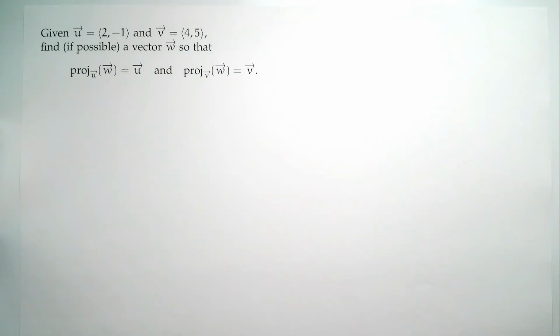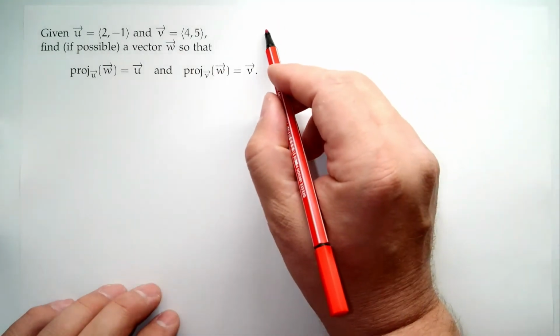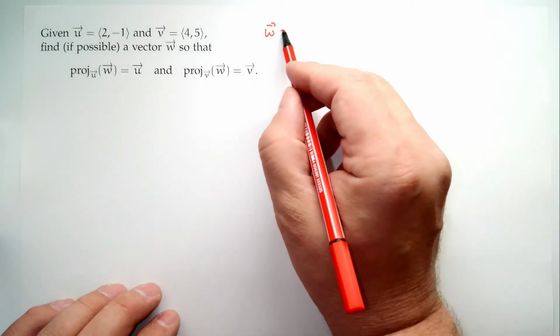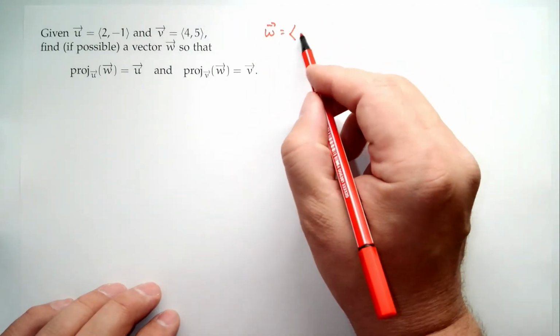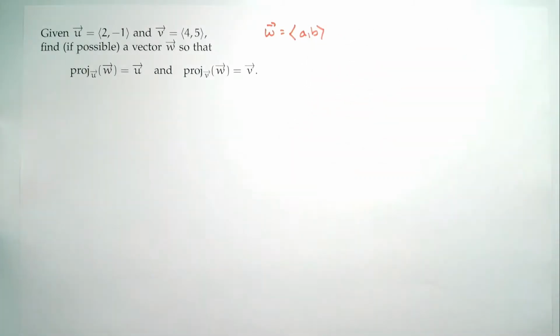Well, we're looking for a new vector w. So w is going to be two-dimensional. I don't know what it is yet, but I could write whatever the answer is as two entries, a, b. What needs to be true?